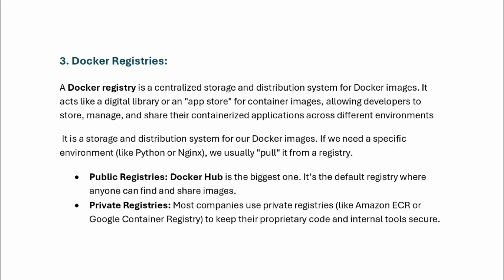We must know that a Dockerfile contains the instructions, and an image is the blueprint or the recipe of those instructions in a Dockerfile. When we run that Docker image, it forms the Docker container, which is like the running instance or the live execution of that image.